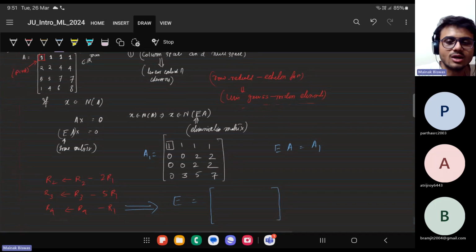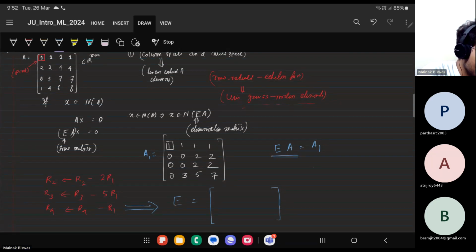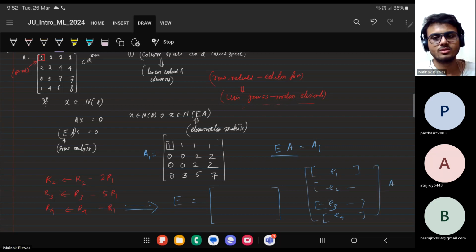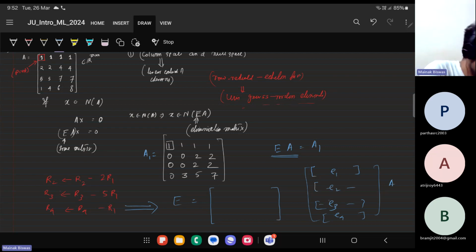Use the concept of linear combination, so you're multiplying it to the left. So you will have E1, E2, E3, and E4, and then you will multiply with A. Right? So here, what are you multiplying? How are you reducing the rows? So do you agree that the first row will remain the same?